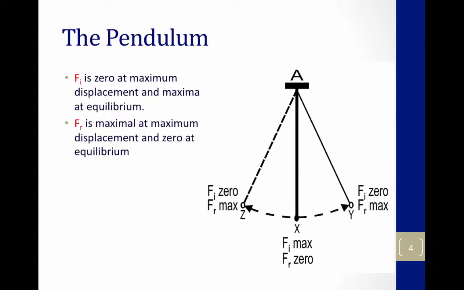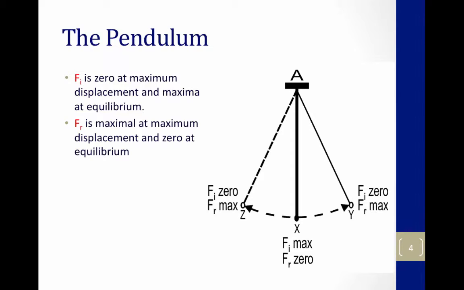At equilibrium, the restoring force is zero because the pendulum is home and happy. But the force of inertia is at its greatest. Now at maximum displacement, motion momentarily halts and the force of inertia is zero.